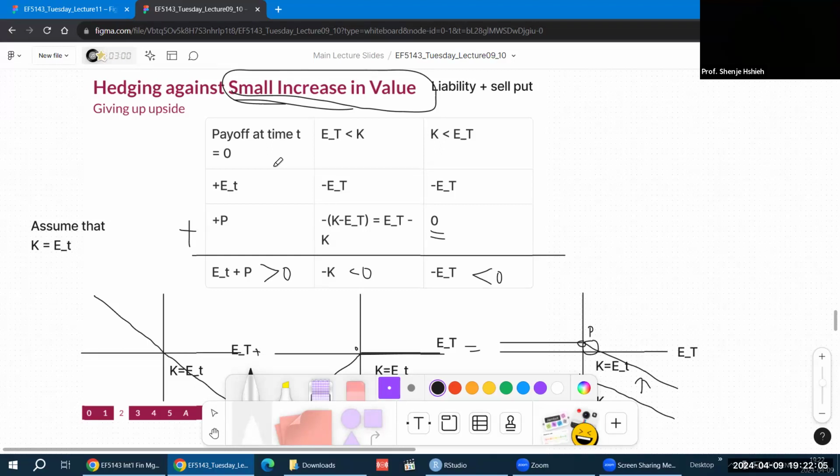I only had one option for one position, but imagine I give you several types of options to precisely pinpoint what kind of exposure I want to take, what risk I want to be exposed to. So, for example, if I want to be exposed to FX risk between these two strike prices, you should be able to construct a portfolio that gives me that precise result. That's the whole point of risk management. You tell me what call options or put options to buy or sell to achieve a certain exposure. And that's all I'm going to test you on.